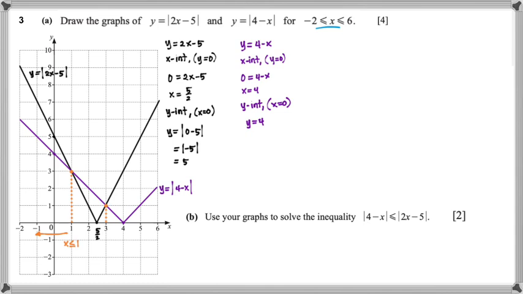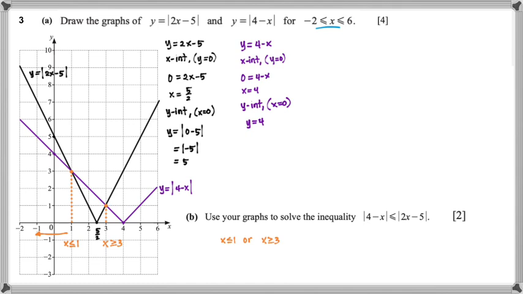On the other hand, for the critical point 3, the set of points that are under the black line are the ones going to the right, so x is greater than or equal to 3. So for letter B, x is less than or equal to 1, or x is greater than or equal to 3. So that's 2 marks.